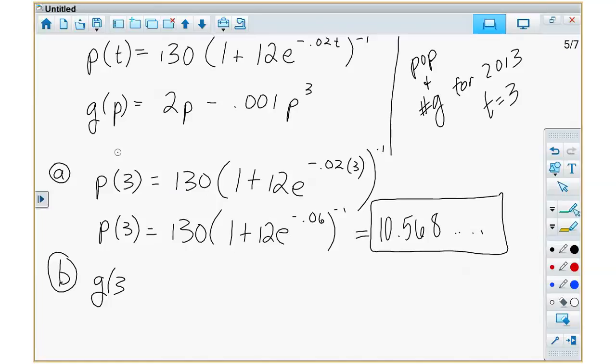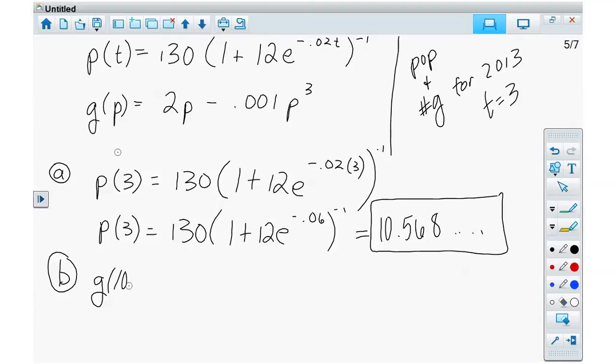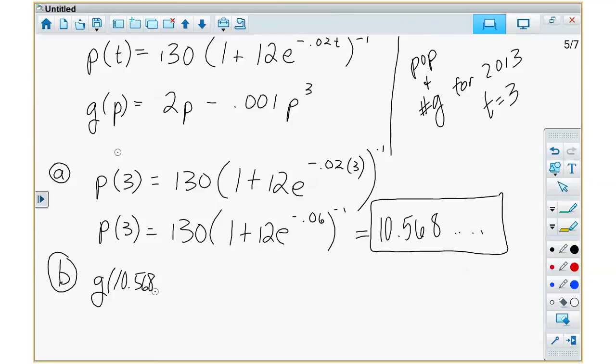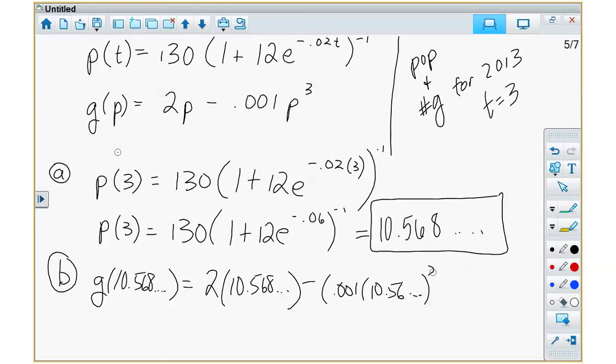Yeah, G of 10.568... is equal to 2 times 10.568... minus 0.001 times 10.56... raised to the 3rd power.